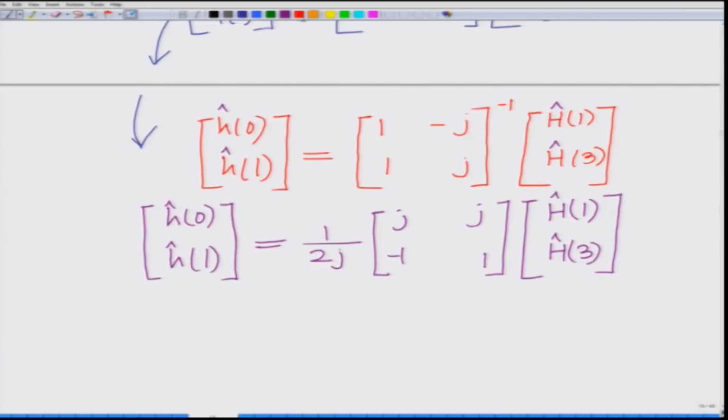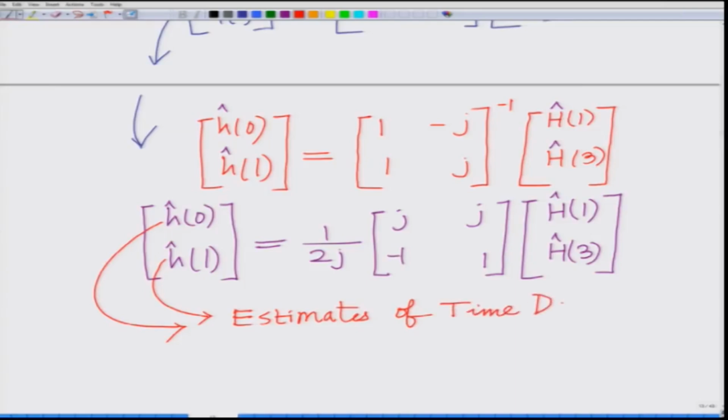These are the estimates of the time domain channel taps, and that is interesting. So, you can use this linear transformation to get estimates of the time domain channel taps, and that is what we have.